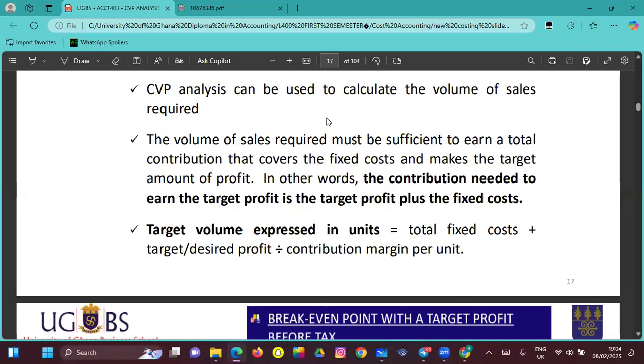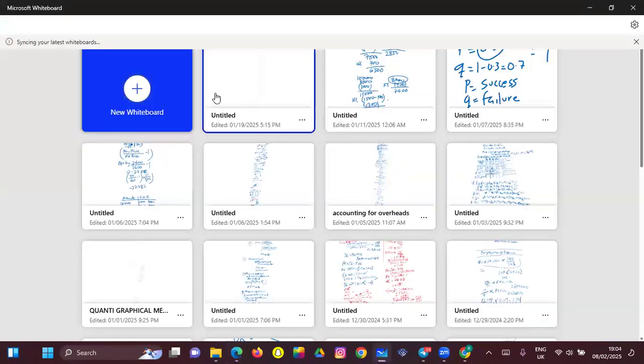So the volume of sales required must be sufficient to earn a total contribution.